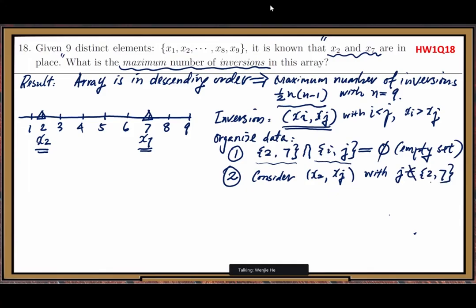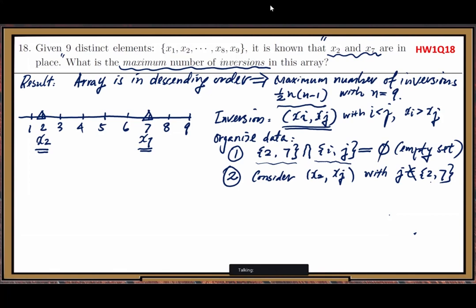First we pick x2 in the pair. For the second element in the pair, we exclude x2, x7. The remaining 7 elements, we pick as our second element in the pair. Then we do the counting. So that's category number 2.